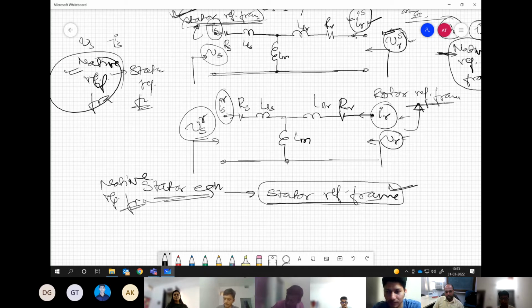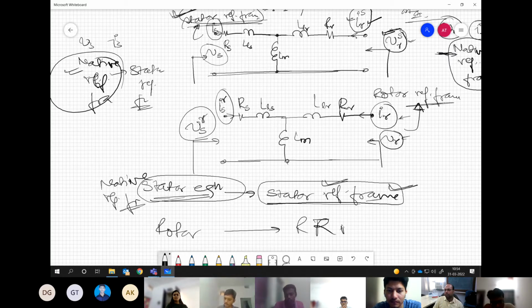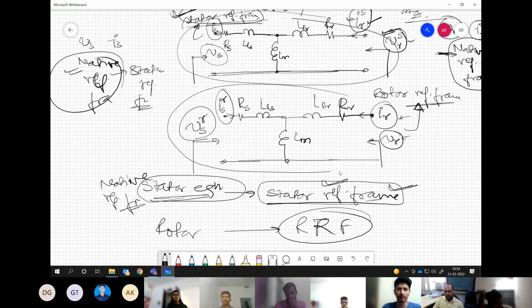If we are writing the stator KVL, that will be written in the stator reference frame. If we are writing the rotor KVL, we will be writing in the rotor reference frame. You understand this point? Later on, we can transform. We can go from any reference frame to another. But the validity of this circuit, what you are drawing over here, is attached to which reference you are defining. You understand my point?